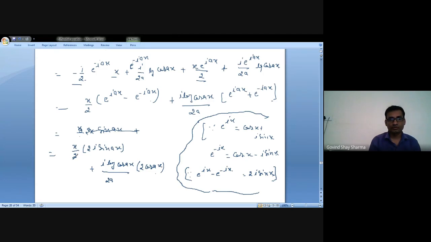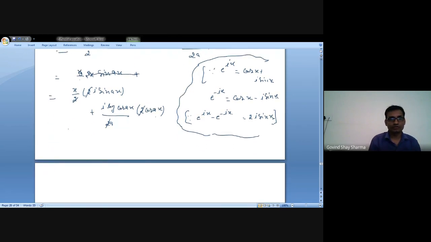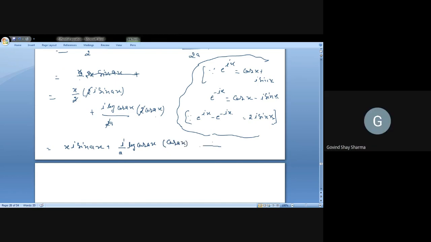Now 2 divide, so we find the final answer: x iota sin ax plus iota upon a log cos ax, multiplied by. This is the equation.